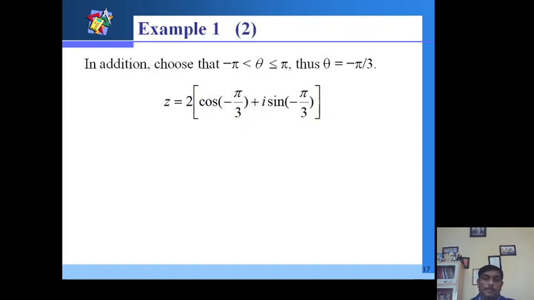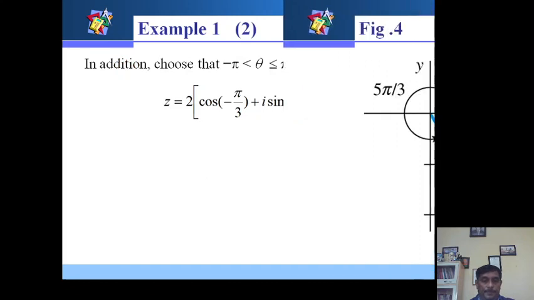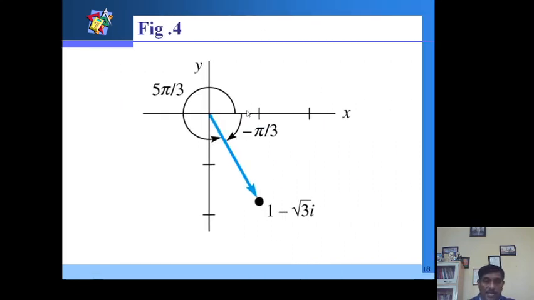You can see here that it lies in the fourth quadrant, at minus pi by 3, and that is definitely 1 minus root 3 i.